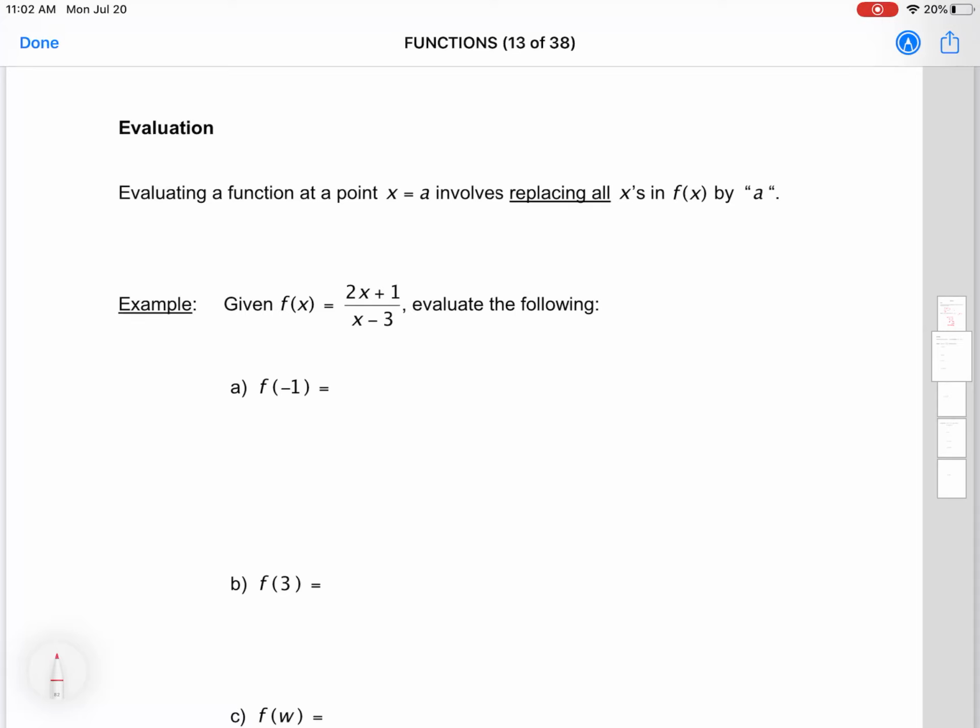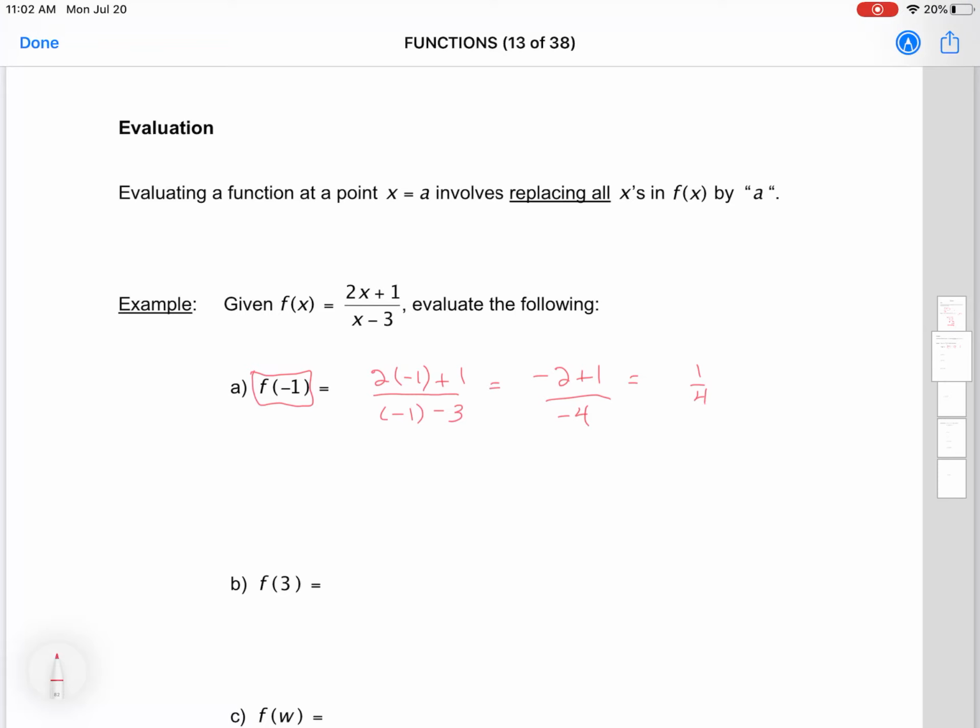Another important feature regarding functions is to be able to evaluate functions at a given point. So if I want to know what f of a is, it will simply imply to replace all the values of x by a in the function. For example, f of minus 1 in the function 2x plus 1 over x minus 3 simply means let us replace all of the x's in the function by the required value, in this case, -1.